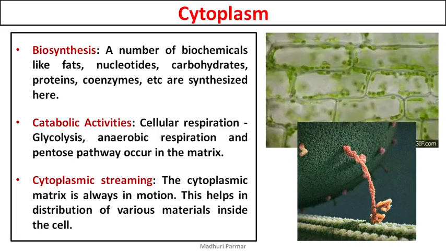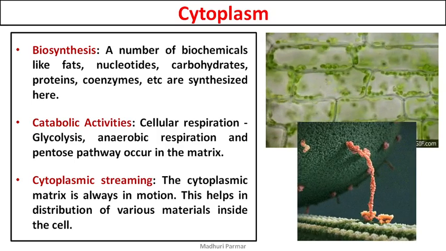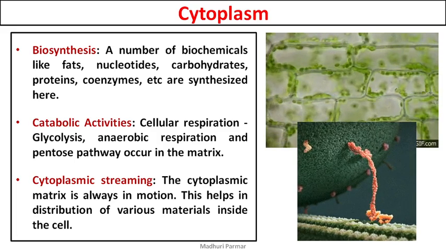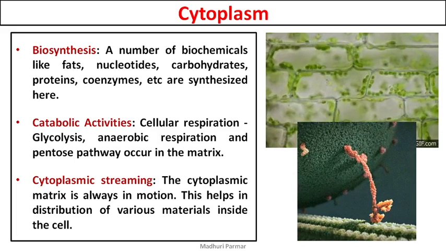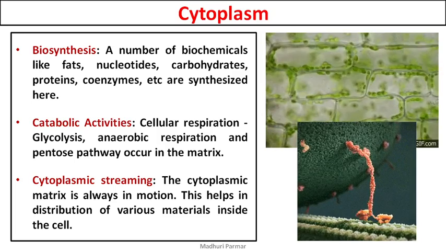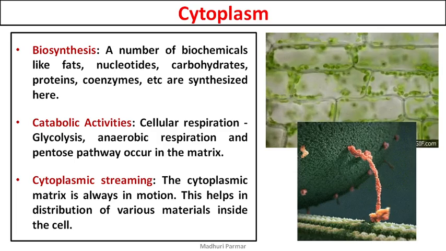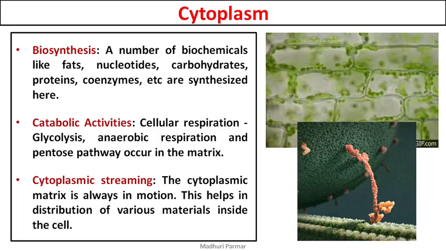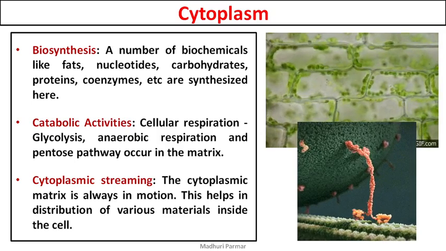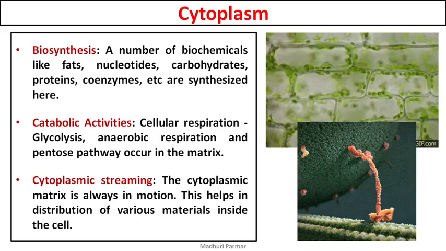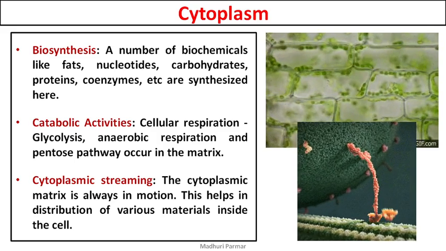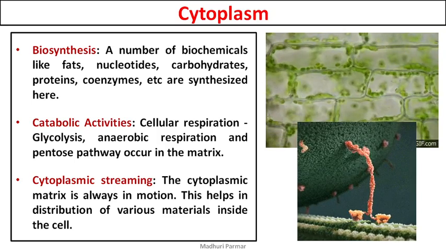Intracellular, within a cell, the transport is happening because of cytoplasmic streaming, so I included it there. Also, in chapter number 15, which is plant growth and development, I include cytoplasmic streaming there as well when we discuss different plant movements. So cytoplasmic streaming is also a type of plant movement that you see within a cell. Fine, so it is important to remember.